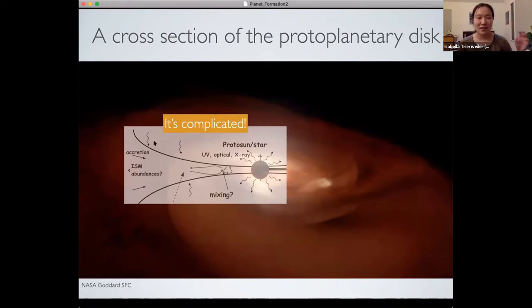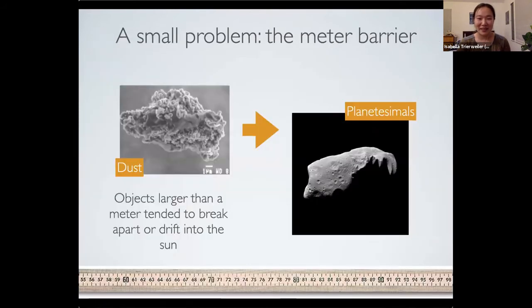There's grains sort of mixing around. There's energy coming in from the star, from other sources. There's energy going out as the disk is cooling. So there's all kinds of stuff going on in these protoplanetary disks. And the thought is that if we take all this into account, all of the mixing and everything, we can sort of keep these meter-sized objects in place long enough to get them past that meter barrier and get them forming larger objects. So that was good news, that if we pay more attention to our disks, we should be able to get past that issue of the meter barrier.